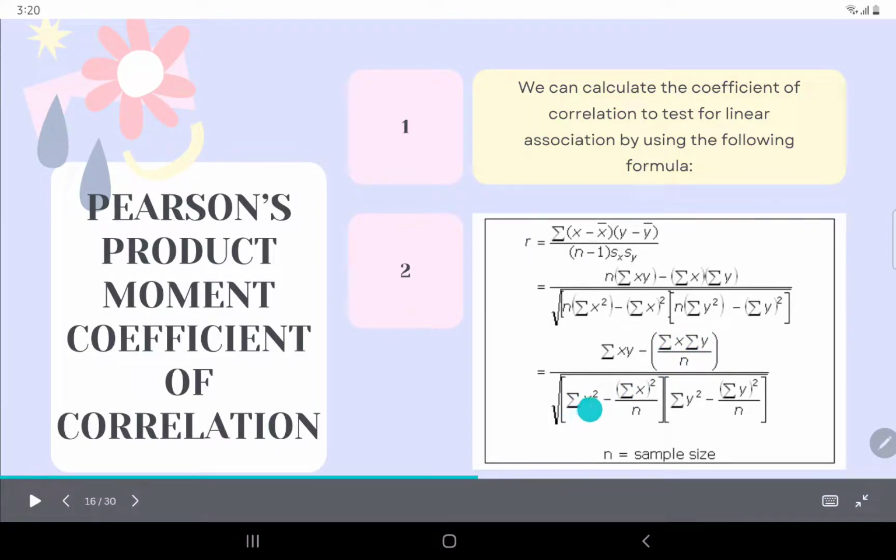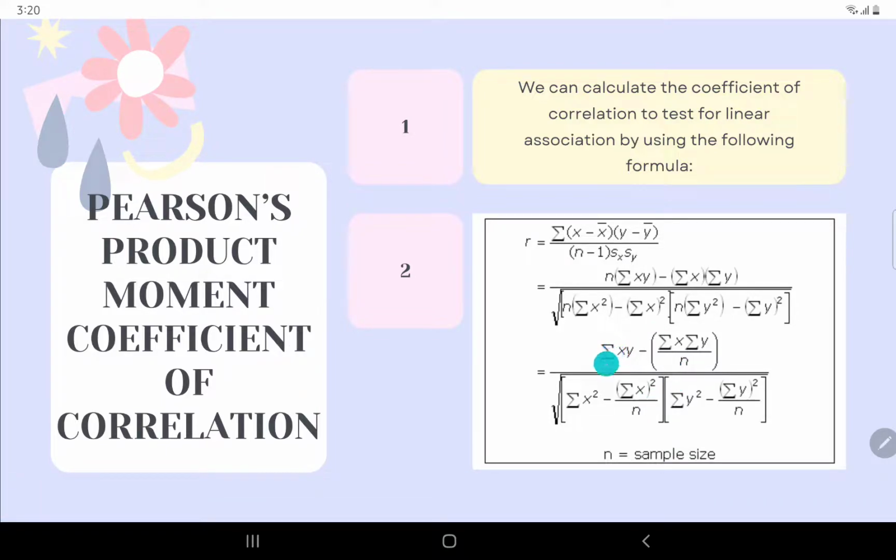And then kat sini ada total of x square minus total of x and then square kat luar, divide by n. Ini untuk y. Lepas tu square root kat bawah semua. Lepas tu atas bahagi dengan bawah. So x is the independent variable, y is the dependent variable macam tadi.